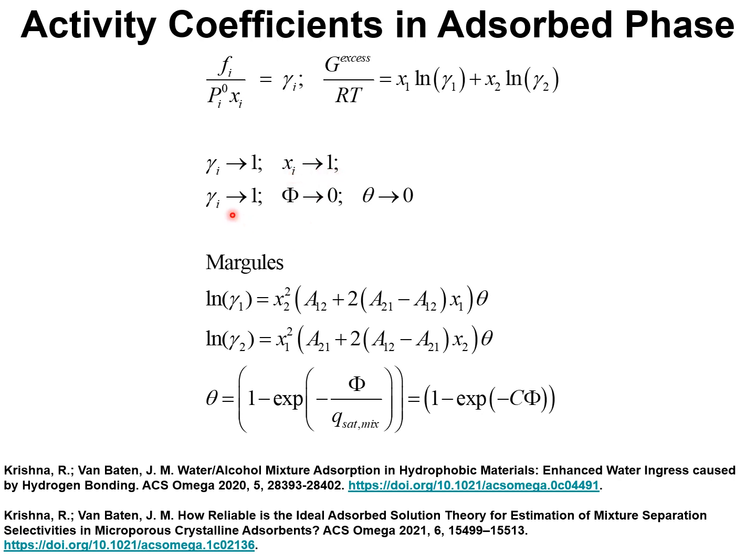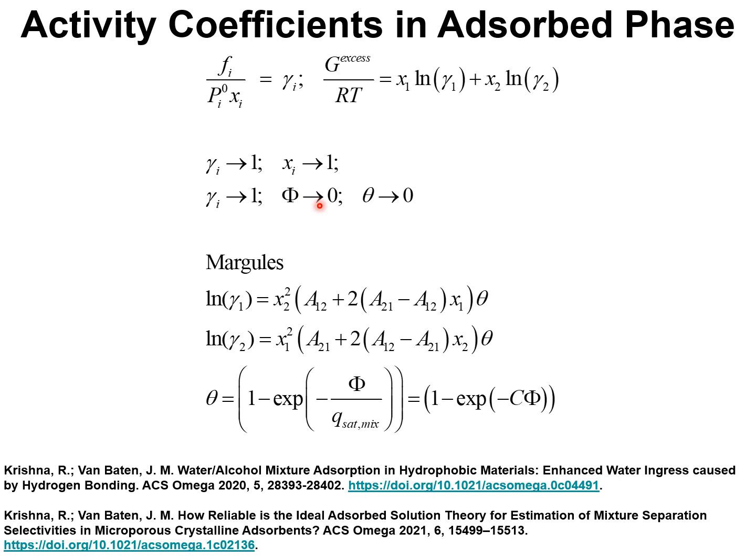In addition, we must ensure that the models respect the limiting behavior that gamma i for each of the component guests tends to unity at vanishingly small pore occupancies, that is equivalent to saying that the surface potentials are vanishingly small.